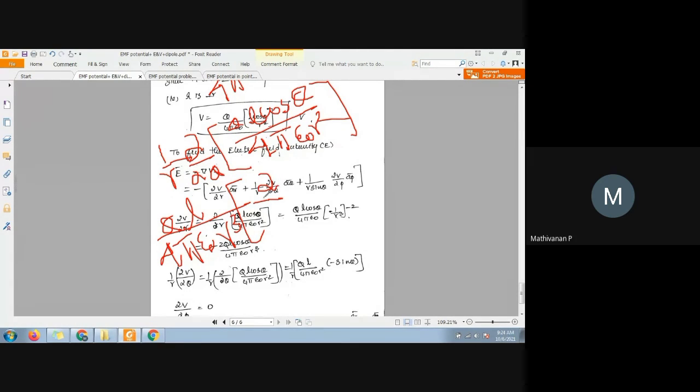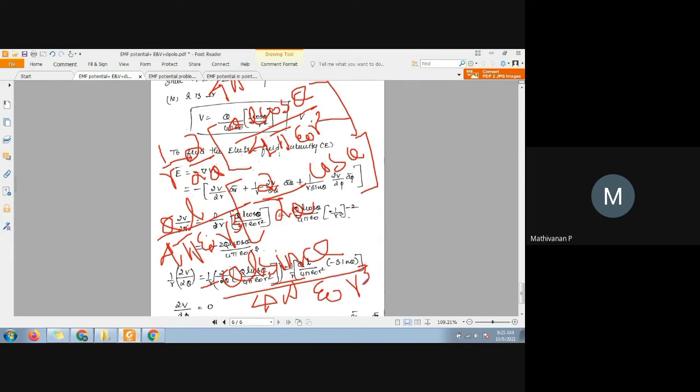On differentiation, ∂/∂theta into cos theta. What is the differentiation of cos theta? Minus sin theta. So it is going to be minus QL sin theta divided by 4 pi epsilon naught r cube as the final answer.